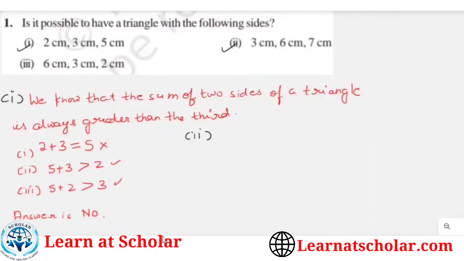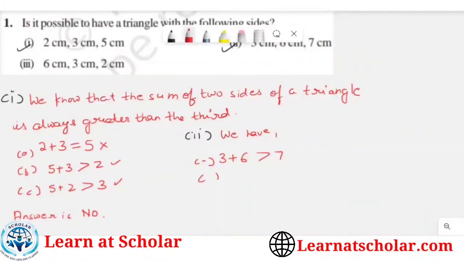In the second one, let's find out. Three sides are given. Three plus 6 is greater than 7 in the second.